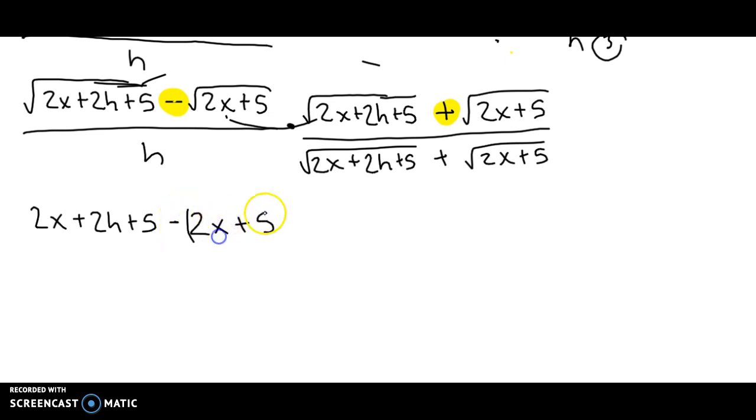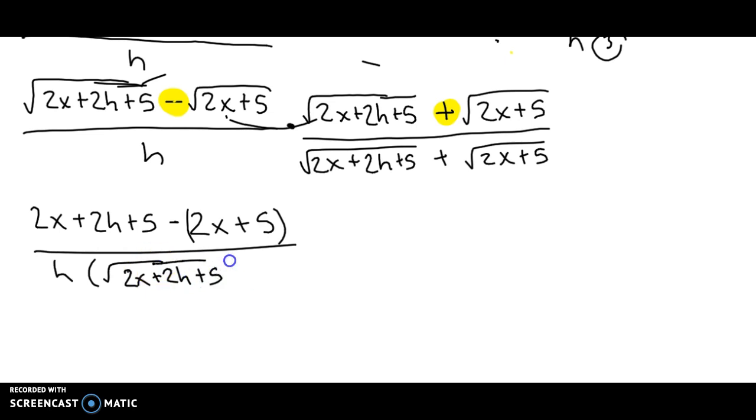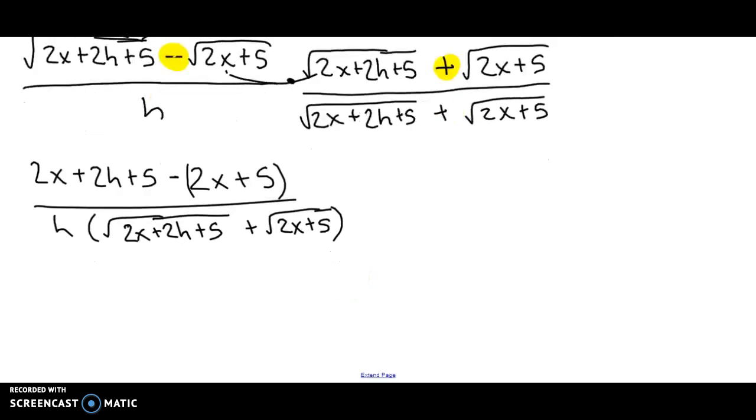I'm going to go ahead and make sure I have parentheses around those, all over h times the square root of 2x plus 2h plus 5 plus the square root of 2x plus 5. Now from here, I can take care of my numerator, and that's all I care about when it comes to my answer.